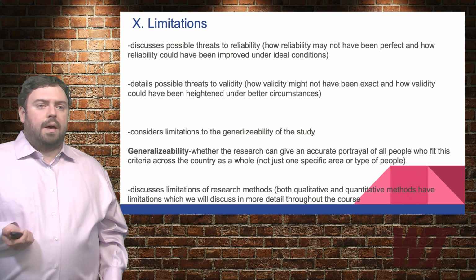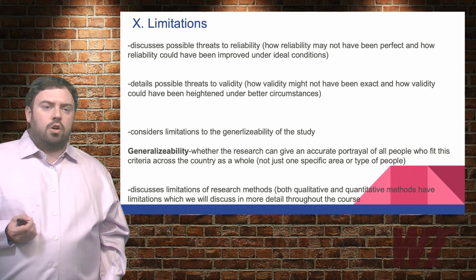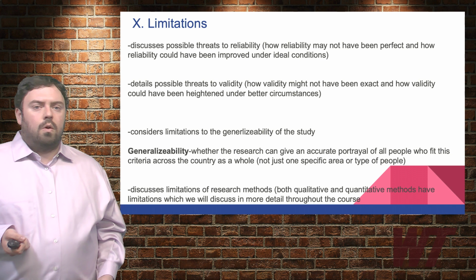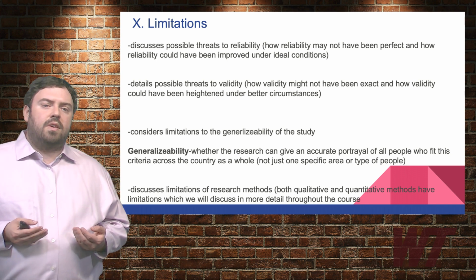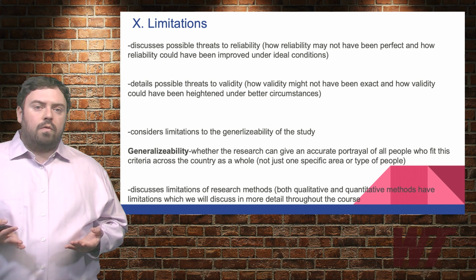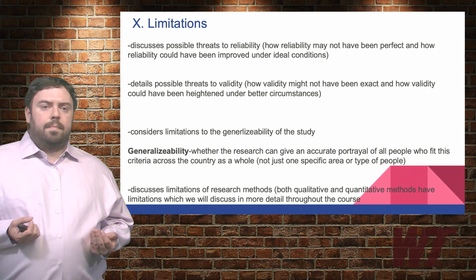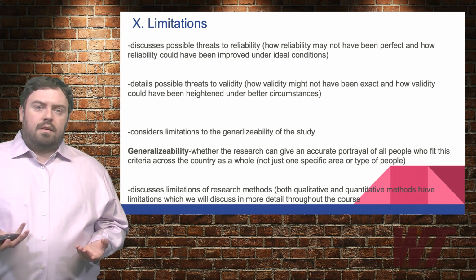Another thing to think about is what were your limitations in terms of validity? What were your threats to validity? So in what way was your data collection method not ideal for providing the most accurate and precise data?